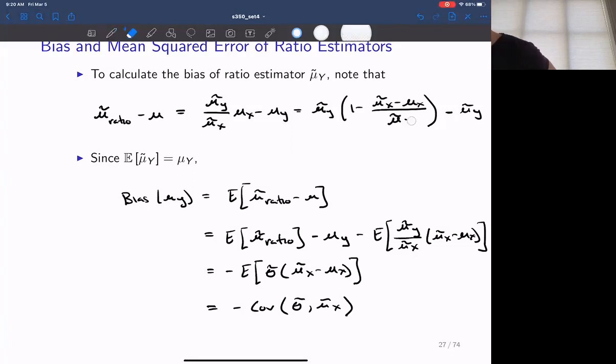These are all tildes. There we go. All tildes. Okay, so from this we can make a few clarifying points about how the bias of mu tilde y is going to behave under ratio estimation.